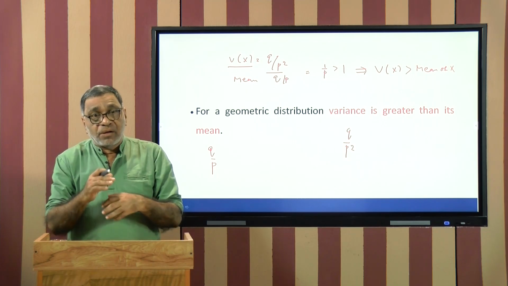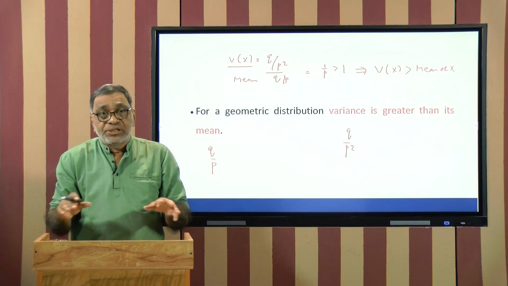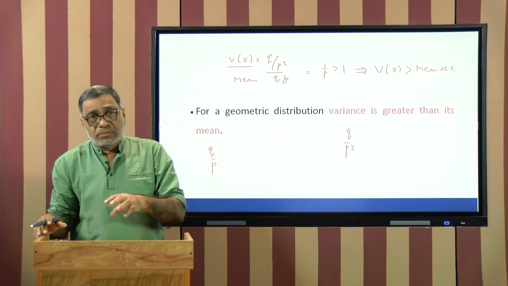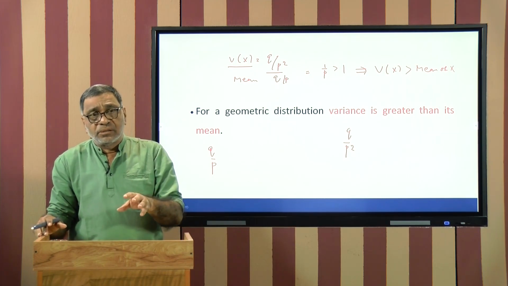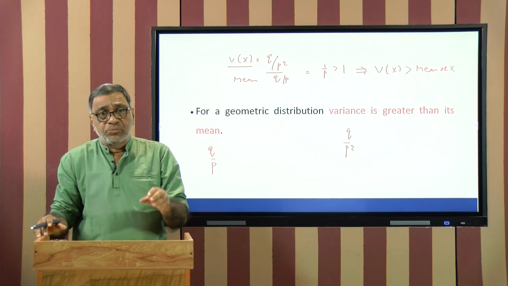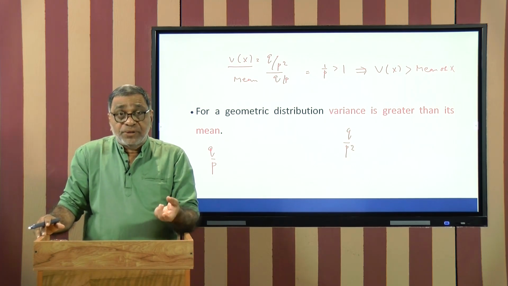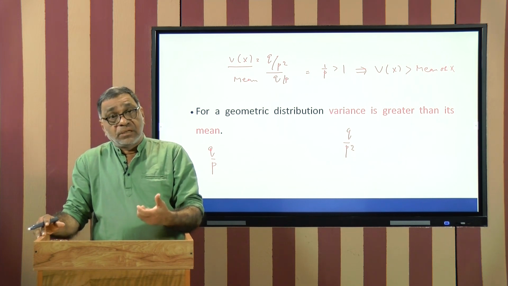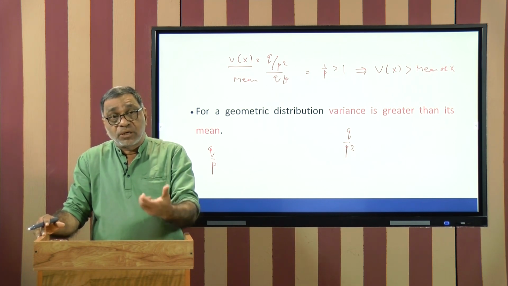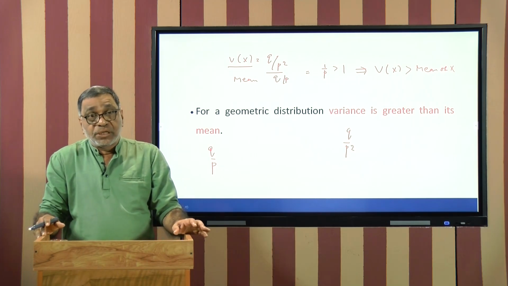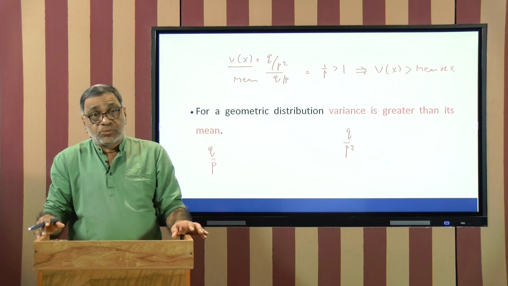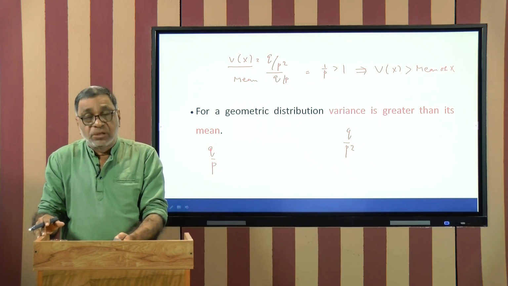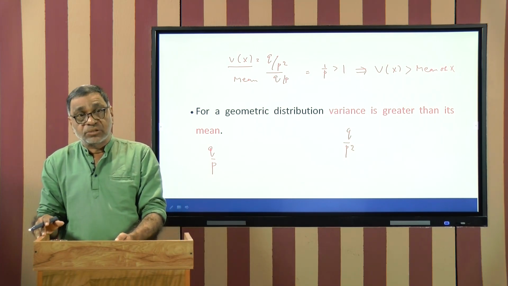So, whenever we have a situation in which the variance is greater than its mean, unlike the binomial or Poisson distribution models, then we can model that experiment using the geometric distribution. So, this is an important characterization of the geometric distribution: variance is greater than its mean.